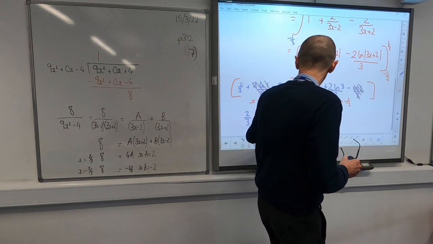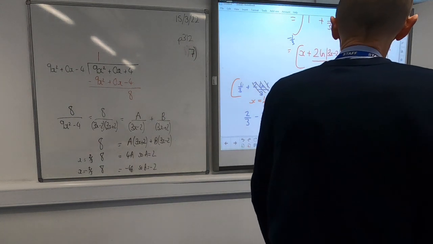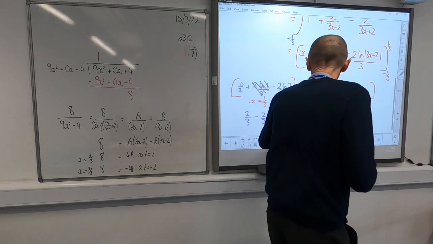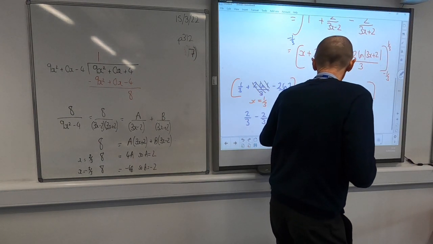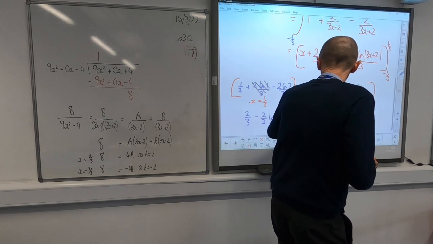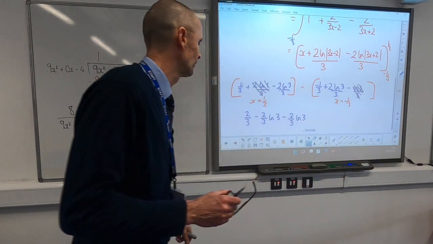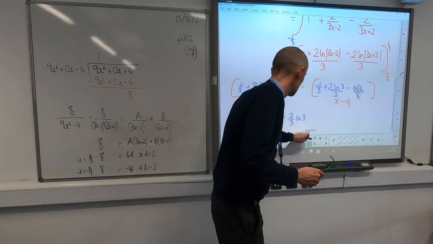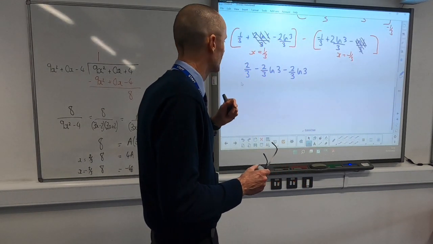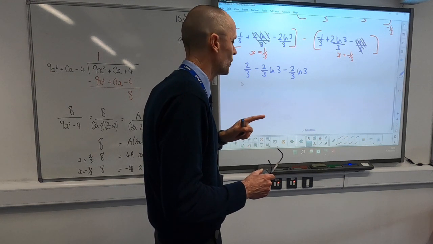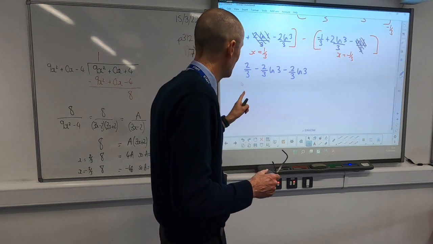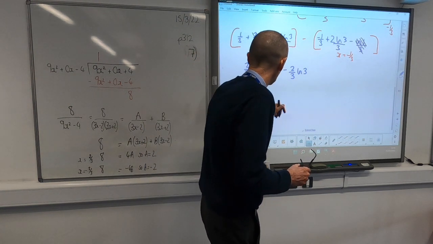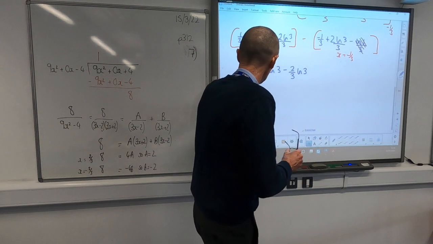Minus. So how many lots of the log of 3 have I got? I've taken away 2/3 of it, and then taken away another 2/3 of it, and there's a plus c at the end.